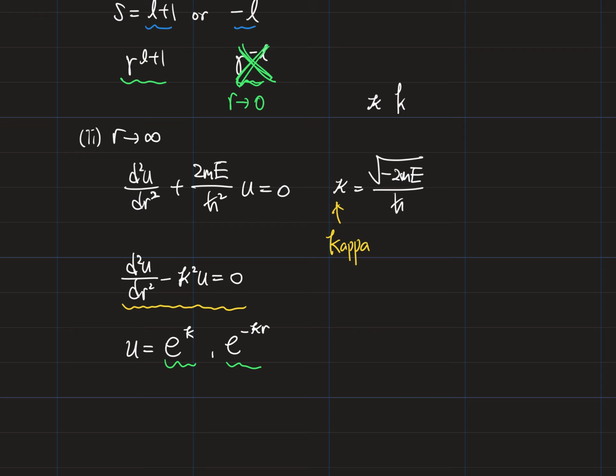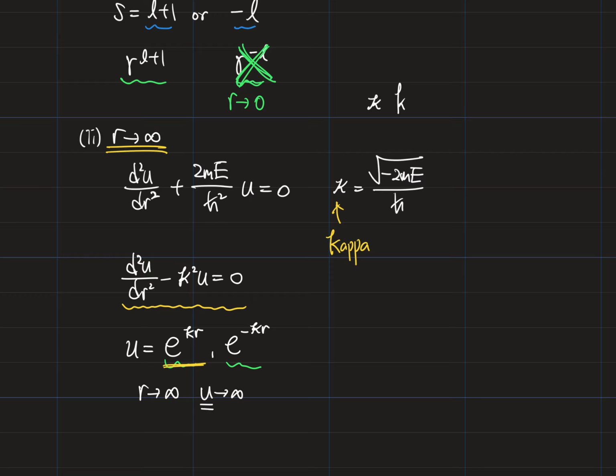So now we are discussing when r goes to infinity. So what about the first function? If you allow the r value to go to infinity, the function also goes to infinity, right?